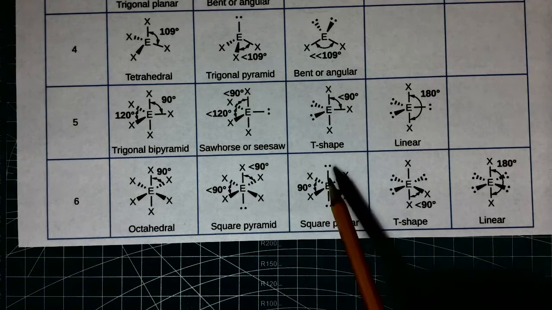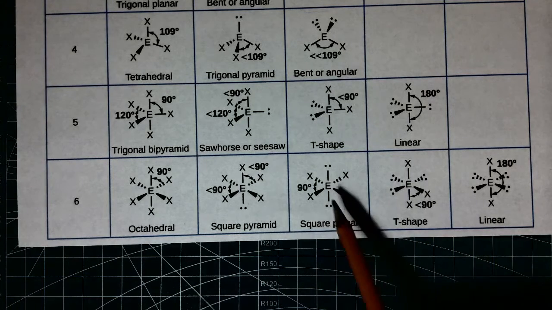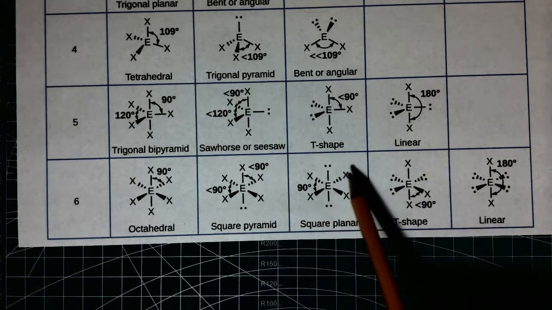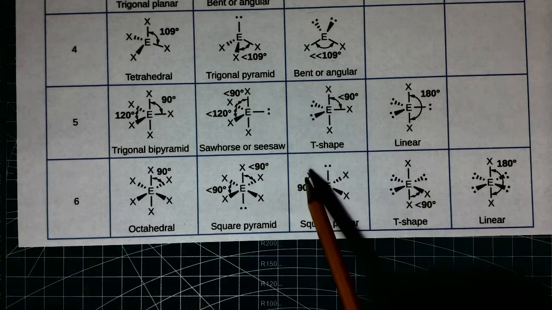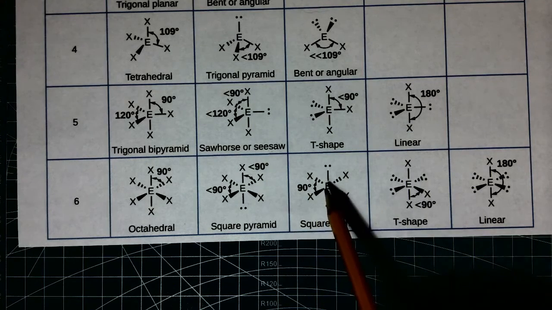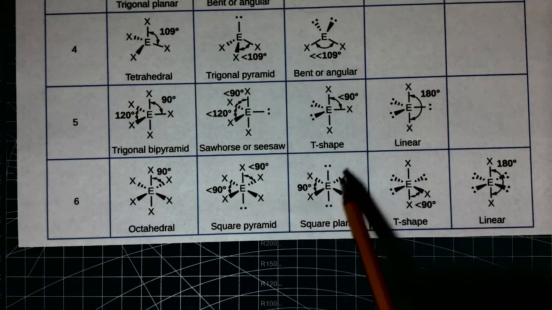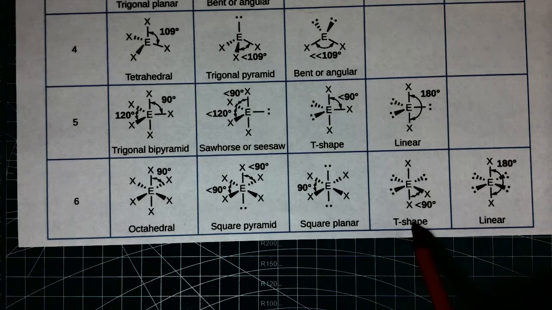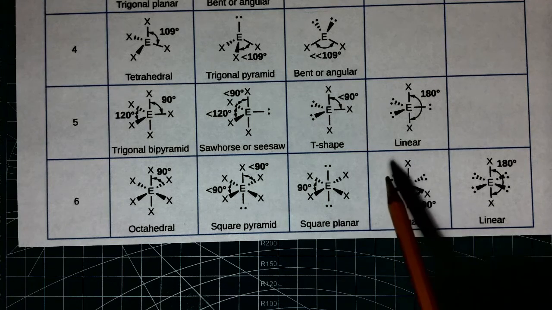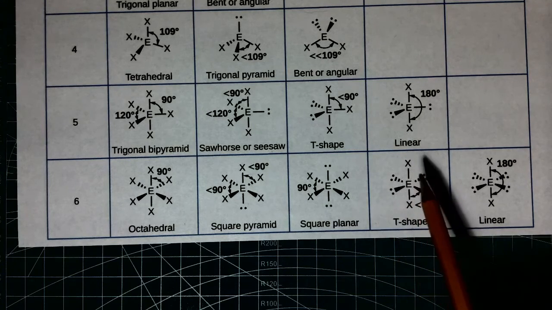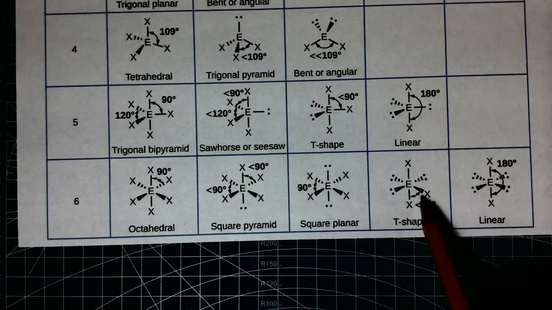If we place 2 of them here, we get our square planar, something that looks kind of like a rectangle, right? So a flat structure with 4 things binding to it. We can get a T shape if we add 3 lone pairs. But again, it won't exactly be a T because these are kind of getting squeezed together.